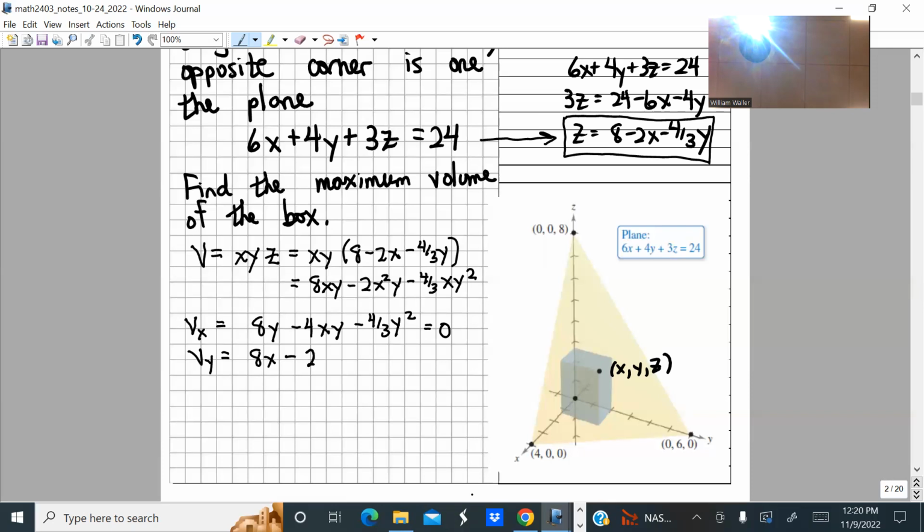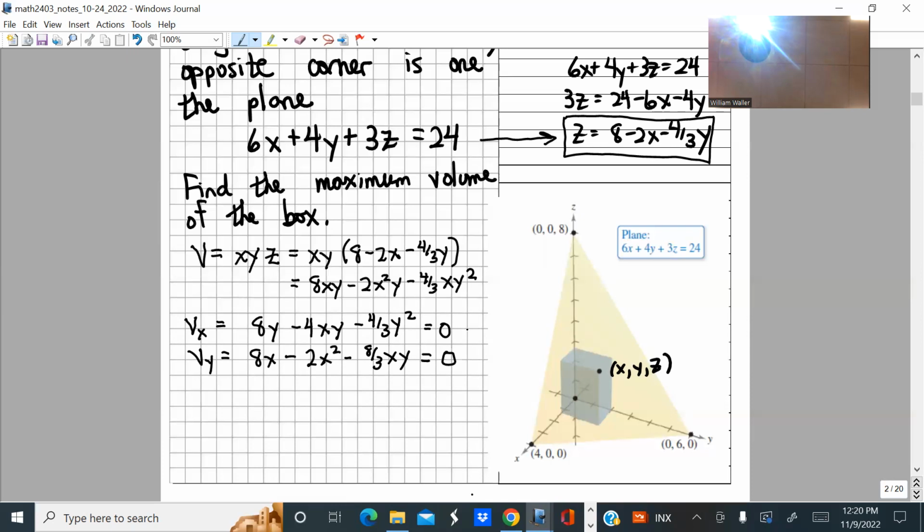Minus 2x squared, right? And then what else there? Minus 8/3 xy. And then remember, we're going to set that to 0 also.